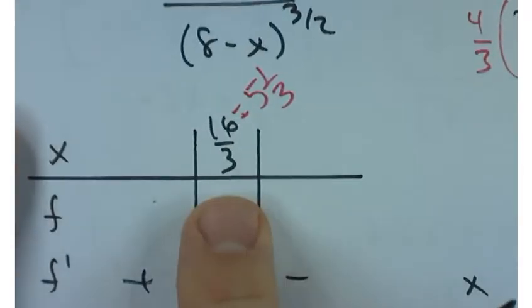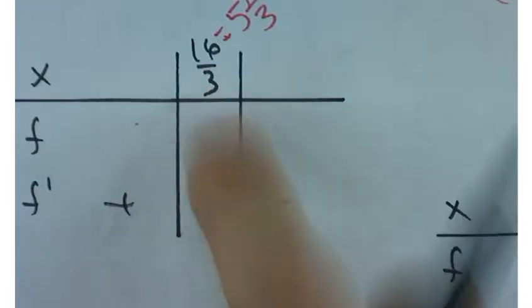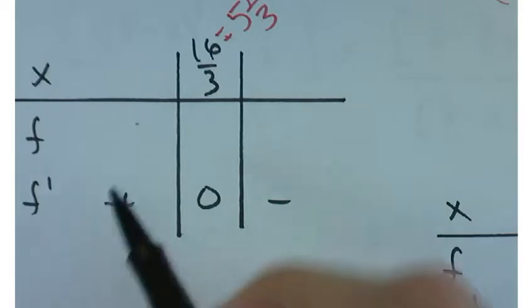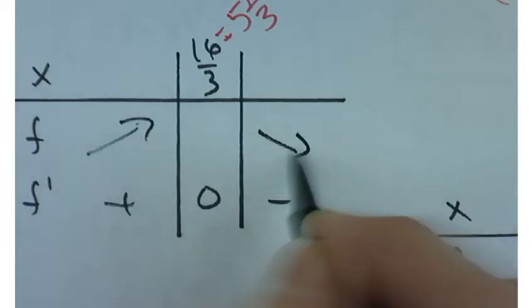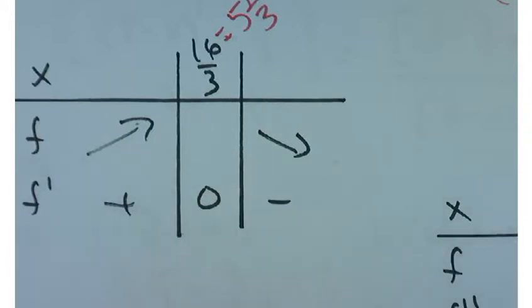What's that tell us about the graph of the function at this point? If something's increasing, then decreasing, like that, the first derivative test tells us that this point is a local max. Good job. So this is a local max, at the very least.